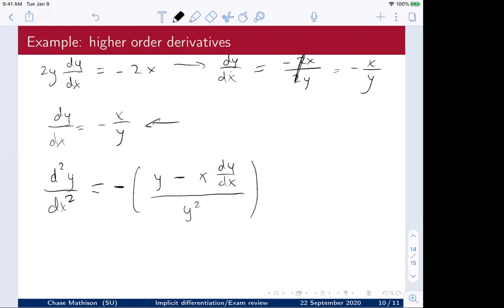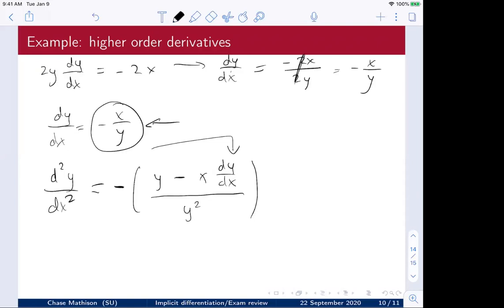Almost exactly right. Not solve for it, because we've already solved for it, right? That's what we did in the very first step. So what should I do instead of solving for it? I should plug it in, exactly. I should take what I know dy/dx is and plug it in there.